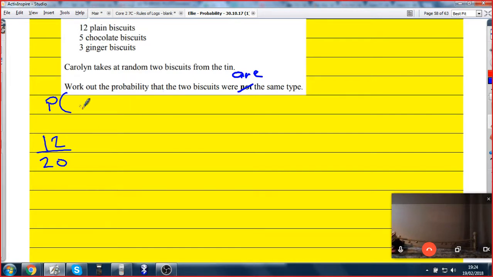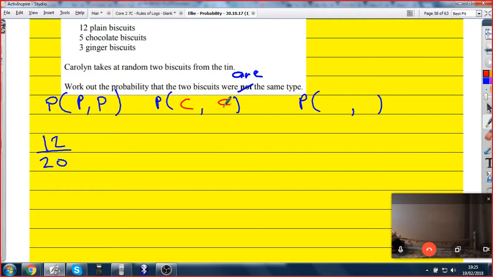So let's say your first biscuit you take is plain. What would your second biscuit have to be successful? Plain. Yeah. What are the other successful outcomes? 2 chocolate biscuits. Okay. And last one? And then 2 ginger biscuits.